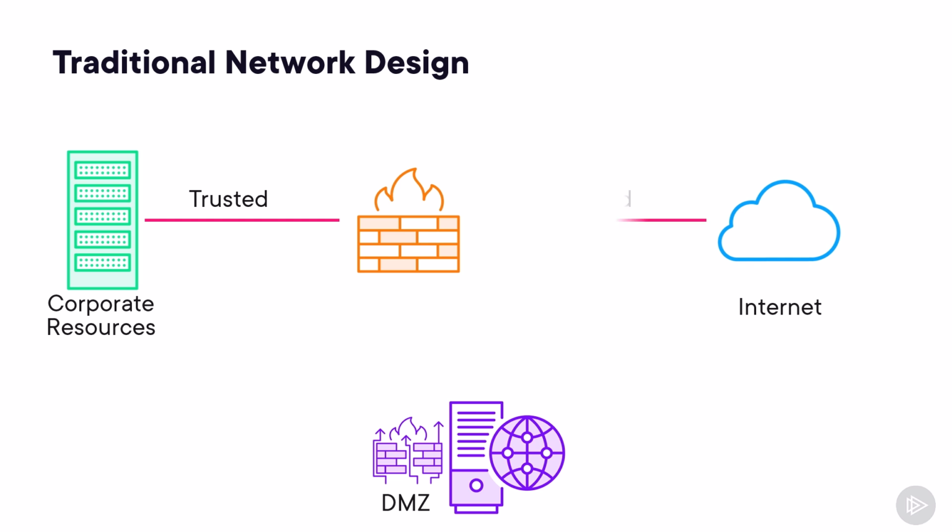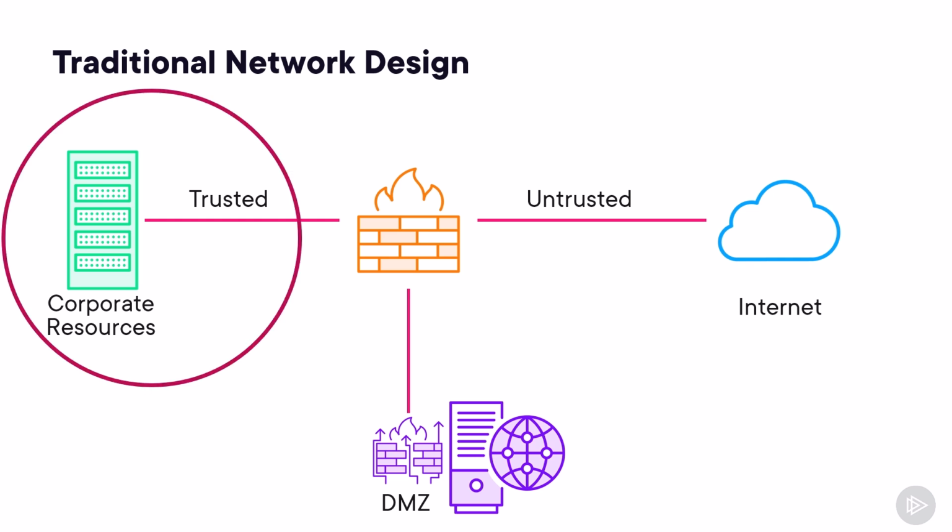The internet was untrusted, and the DMZs were where you would have a lot of different rules on who has access to what. But the big problem was that by default, once something was internal or inside your corporate network, it was trusted and free to move laterally.